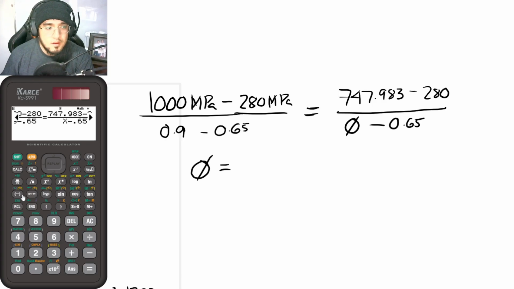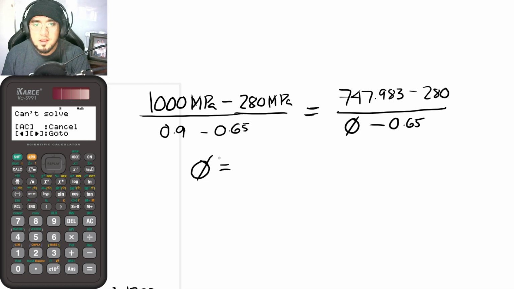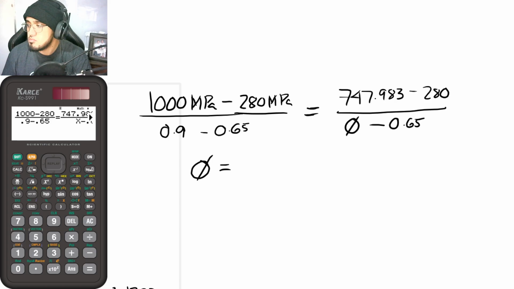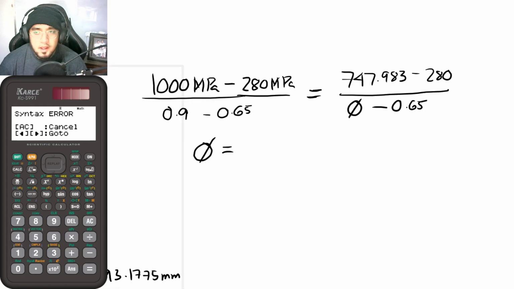Okay, so shift solve, solving for x, our phi is now equal to... Why is that the case? I think I did something wrong. Okay, so apparently my calculator does not want me to solve for it via shift solve here.